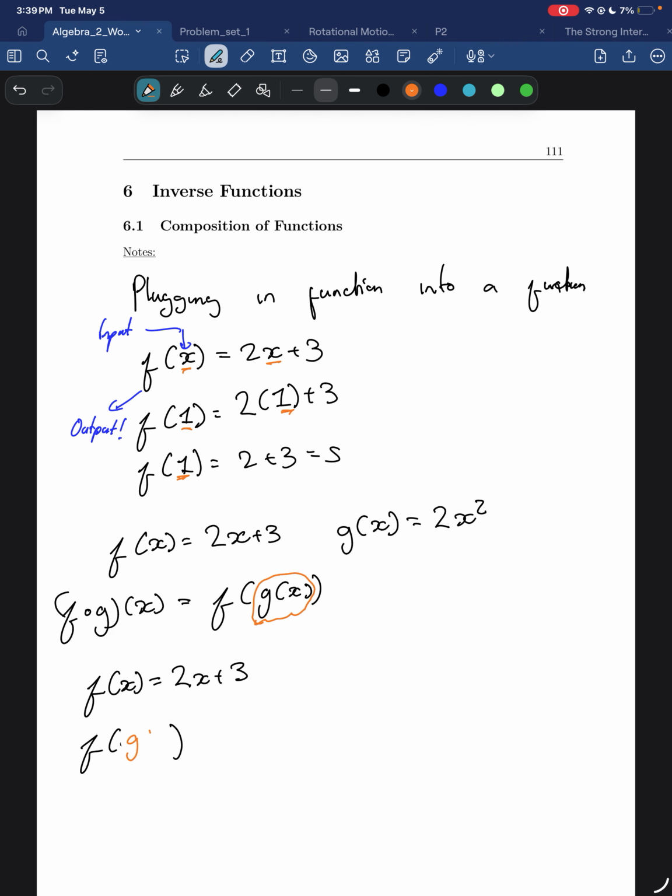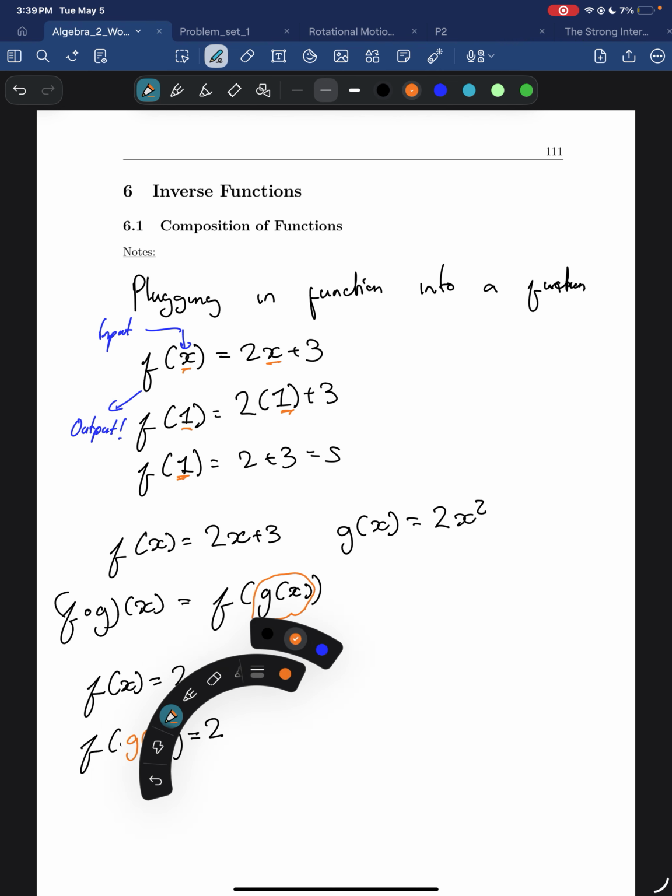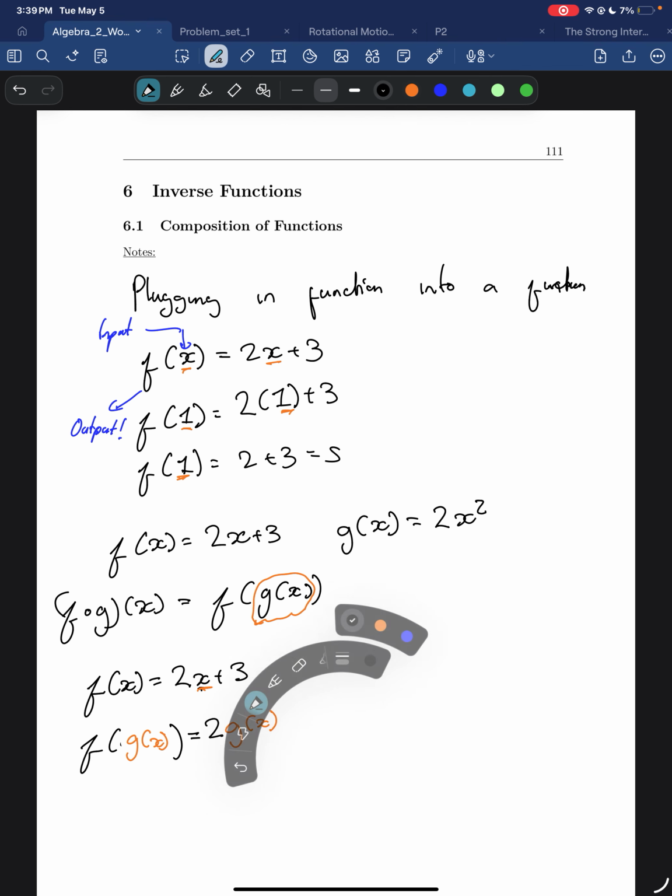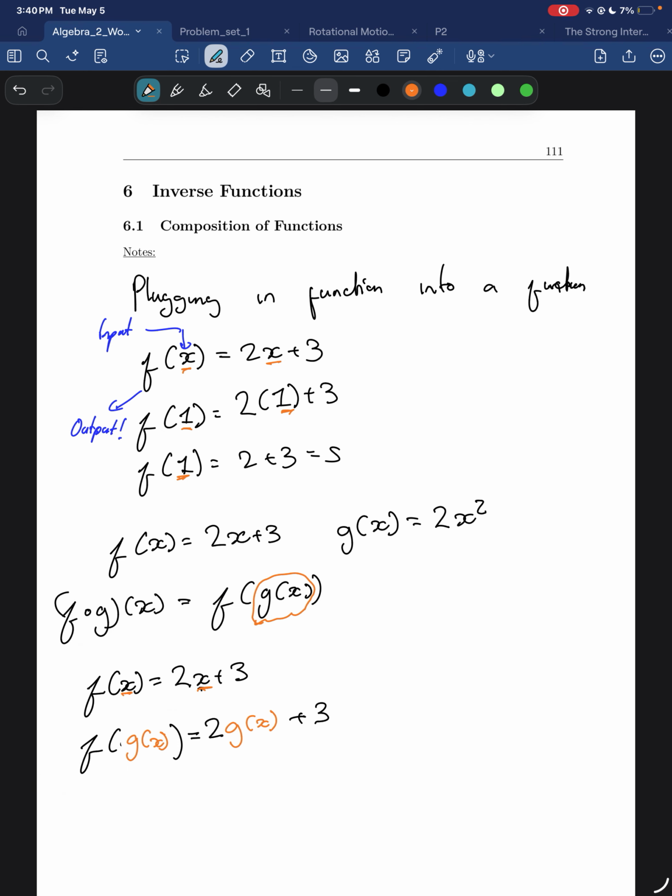So I have to literally replace x with g of x. Instead of x, I have g of x, plus 3. I've highlighted the g of x just to show you the substitution. We had x in the previous example, now we have g of x in the next example.